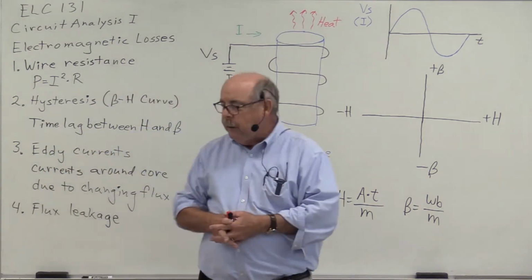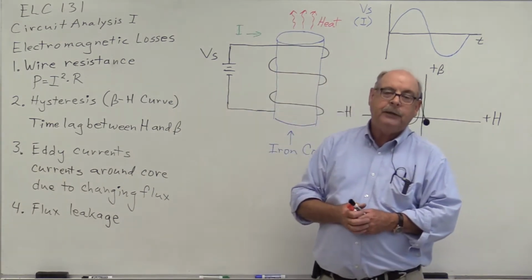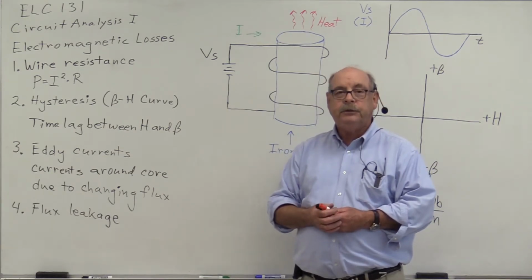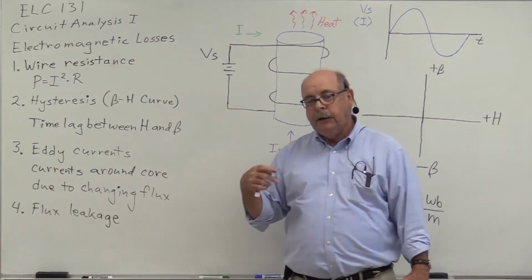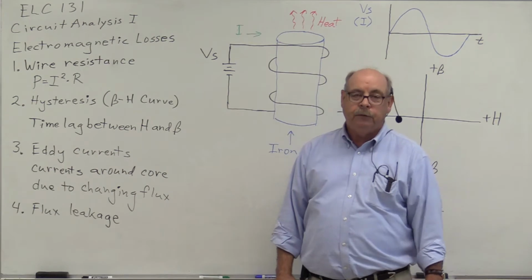Now, our second largest loss in magnetic systems is due to what is called hysteresis. A lot of people simply refer to this, or it is graphically represented, as the BH curve.